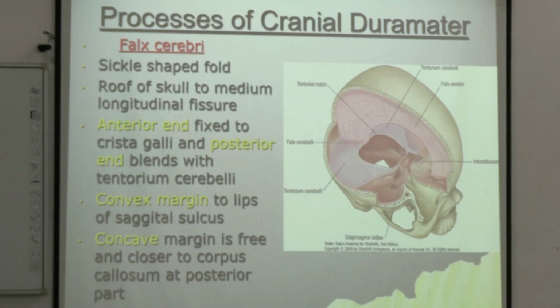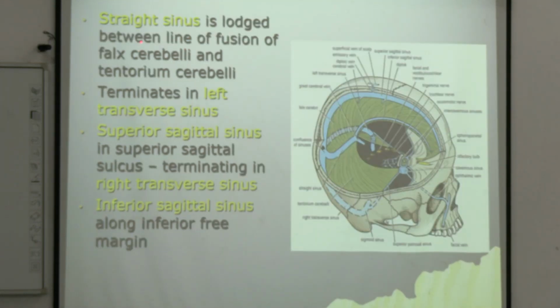When you open the skull and view it, you will see the impressions of these. The concave margin is free and closer to the corpus callosum at the posterior part. Now, the straight sinus is lodged along the line of fusion of Falx cerebri and Tentorium cerebelli.